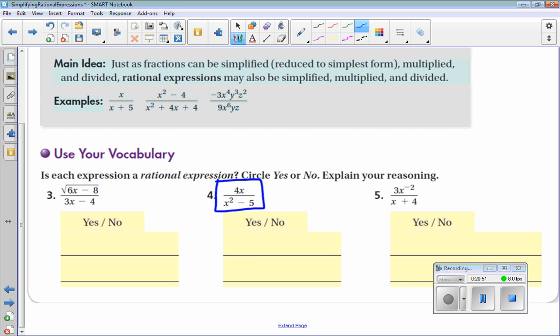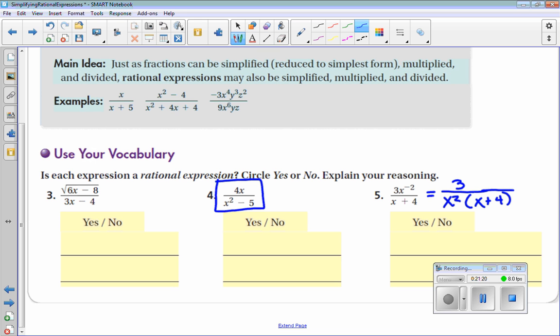What does this radical in the numerator do? Doesn't it become a radical expression? It messes things up for us a little bit. And then what about this -2? That exponent. Do you remember what that does with the x? Doesn't it need to bring it down here? So isn't this really 3 over positive x squared times x plus 4?